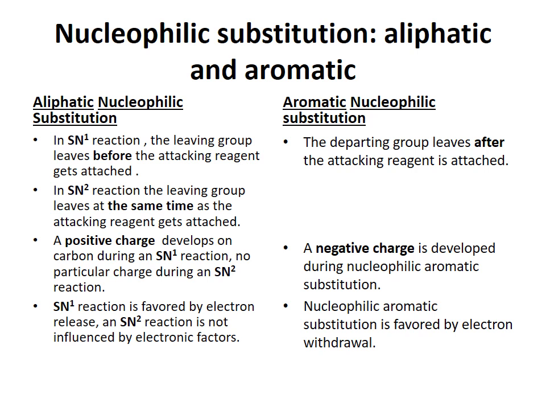Just remember that the carbanion has a negative charge. The SN1 reaction is favored by electron release because there is an intermediate formation of a positively charged carbocation, and SN2 reaction is not influenced by electronic factors because there is no particular charge on the intermediate. And nucleophilic aromatic substitution is favored by electron withdrawal.